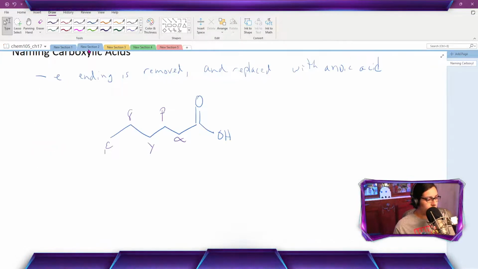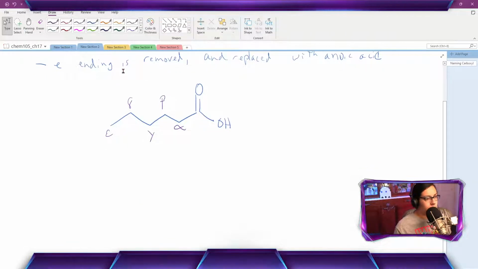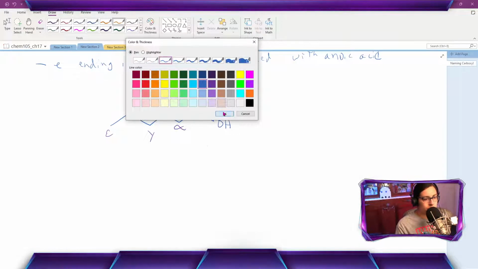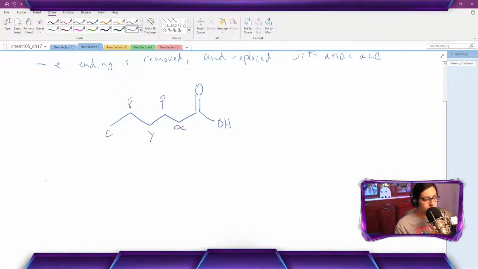So now let's look at other naming, starting with the simplest one. The formula is going to be HCO2H, so that only has 1 carbon. That would look like that.